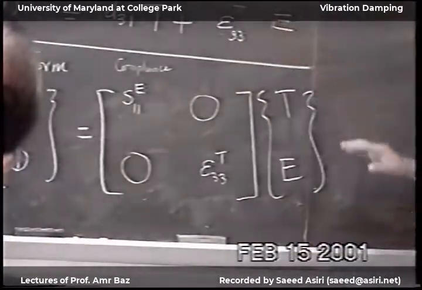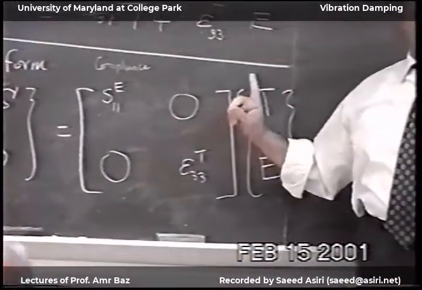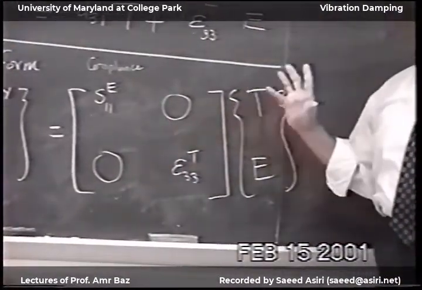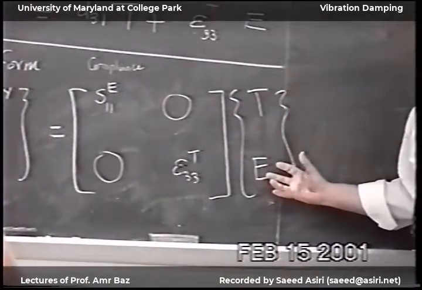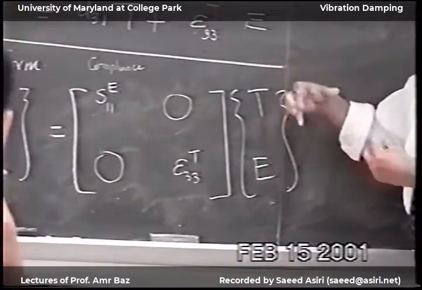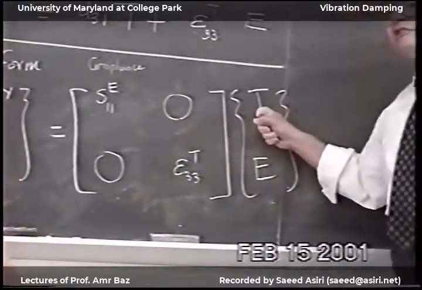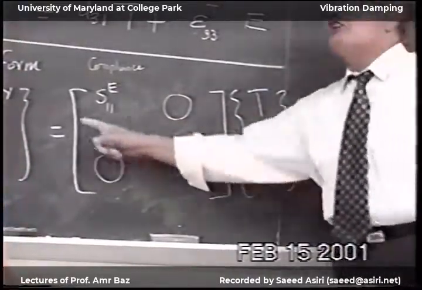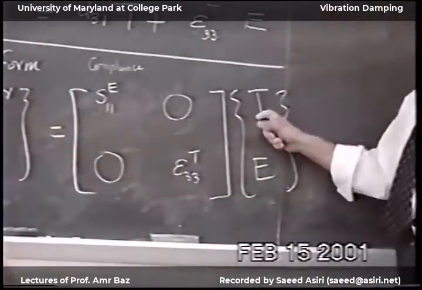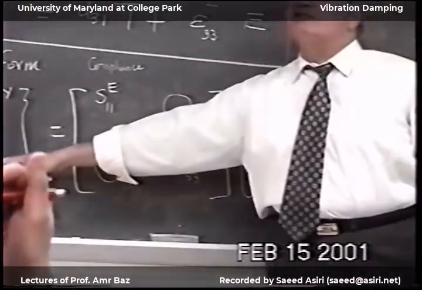For this material, the off-diagonal terms are not zero. So it means the electric and the mechanical are coupled. This is not zero. So if I apply voltage, I generate strain. If I apply stress, I generate electric voltage.